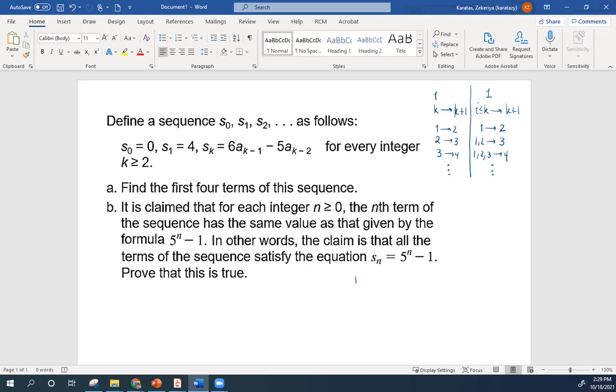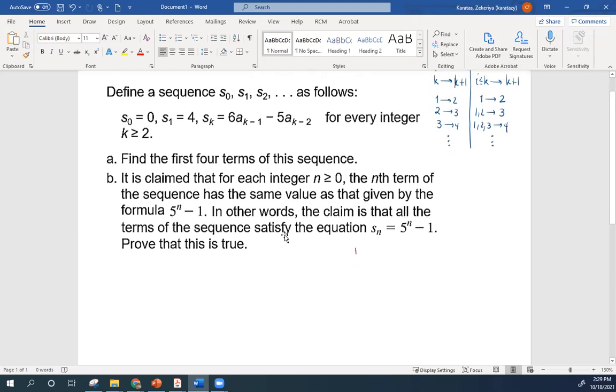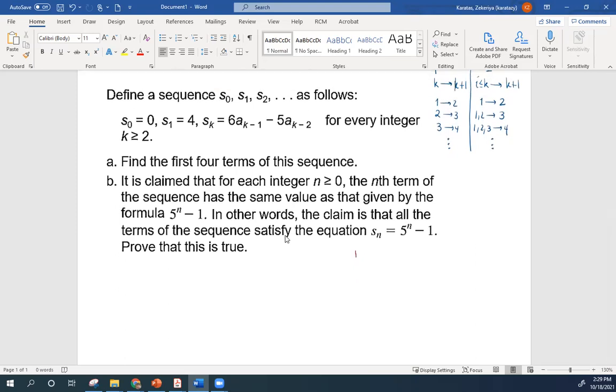So how do we prove that? The first part says find the first 4 terms. The first 2 terms are already given: S0 equals 0, and S1 equals 4. For S2, you simply take 6 times its predecessor minus 5 times the predecessor of that predecessor.